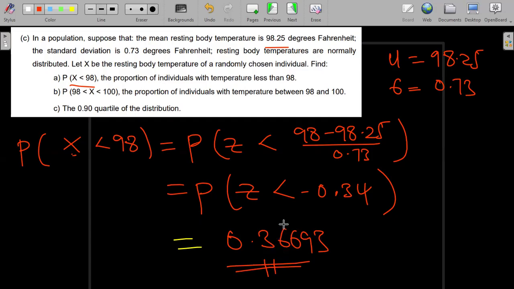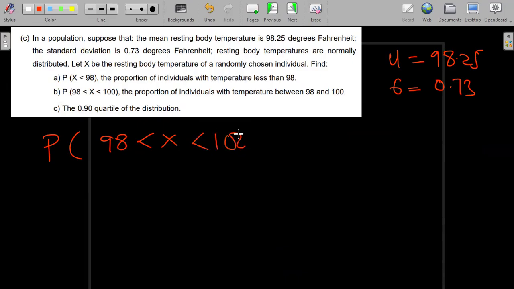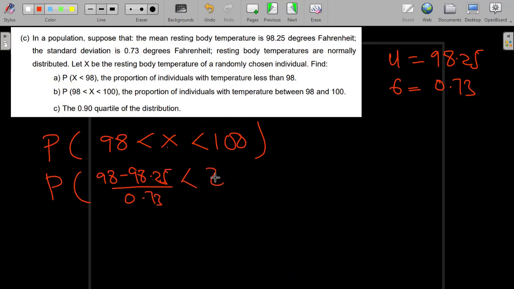So that's the probability. And then for this other question, we do the same. We are finding the probability that X is between 98 and 100. So we can standardize: 98 minus 98.25 divided by 0.73 less than Z less than 100 minus 98.25 divided by 0.73.